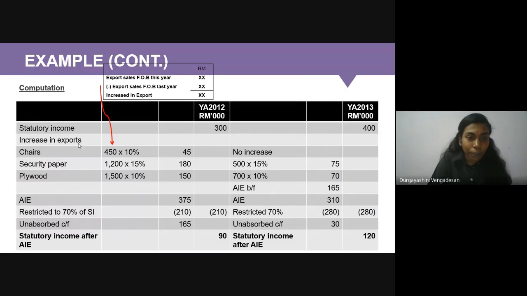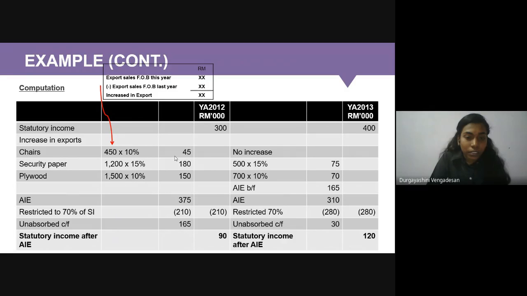Same goes to the security paper. We have to calculate the increase in export by export sales 2012 minus the export sales of 2011. So we will get 1.2 million increase in export times 15% because the value added is more than 50%. Then the plywood, the increase in export would be 1.5 million times 10%.